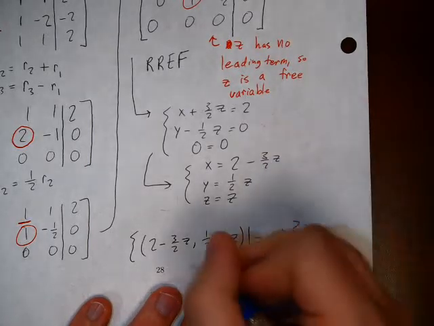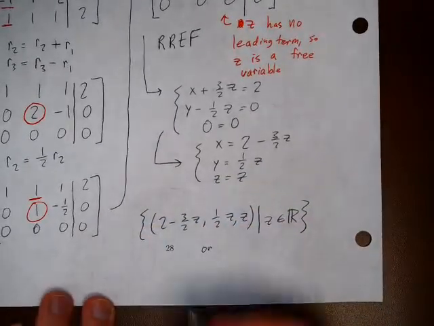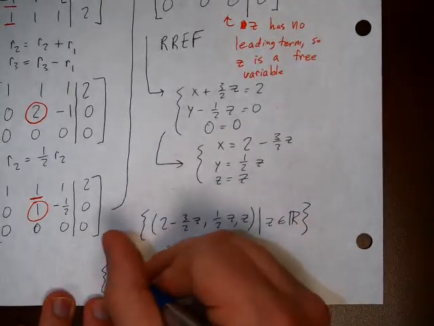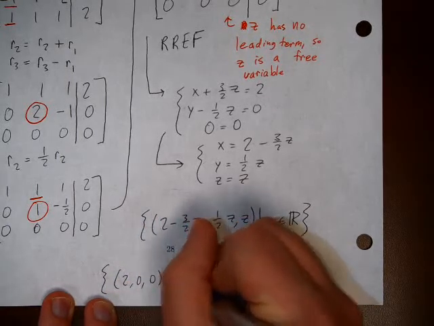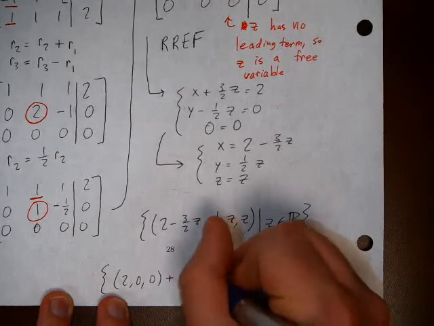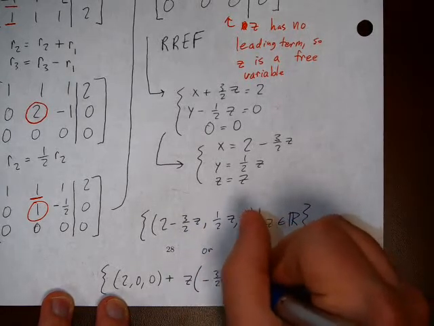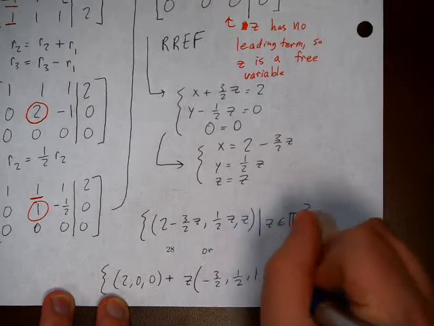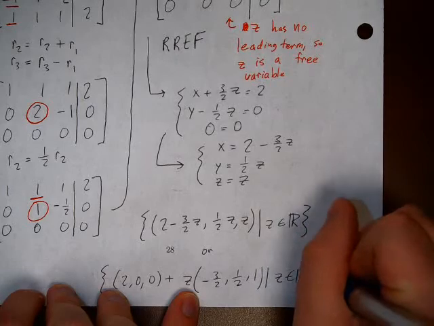So you can write it this way, or, a little more complicated, you can write it as (2, 0, 0) plus z times (-3/2, 1/2, 1), where z is an element of the real numbers.